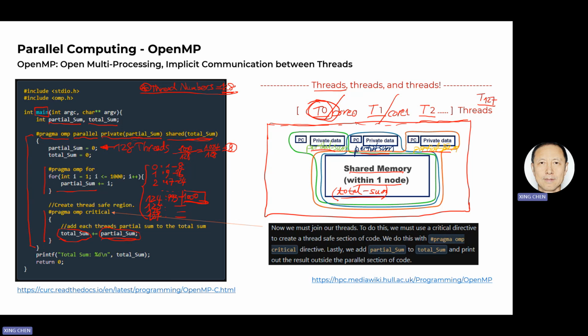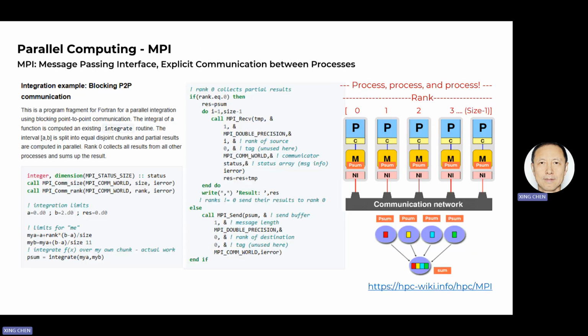They share the workload and have their partial sums. To find the total sum, they need to send messages physically. Let me show you: if you have this P sum 0, and this P sum 1.